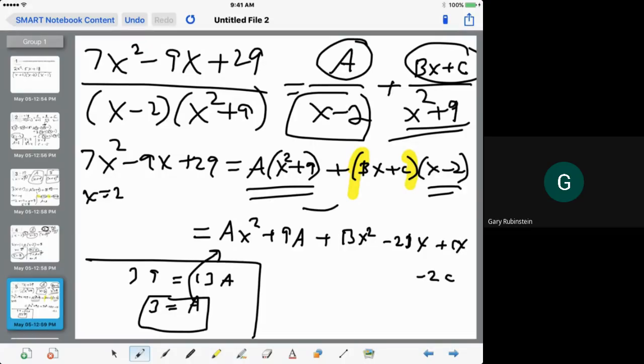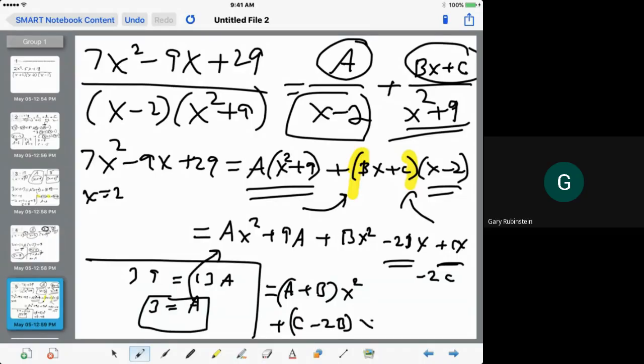That's why we had to be extra careful with these parentheses, because if you didn't have those parentheses, you might just multiply the c times the x minus 2. So this turns into a plus b x squared, plus, for the x's, I have a cx and a minus 2b x. So I'm going to write plus parentheses c minus 2b x. And then finally, I have minus 2c.